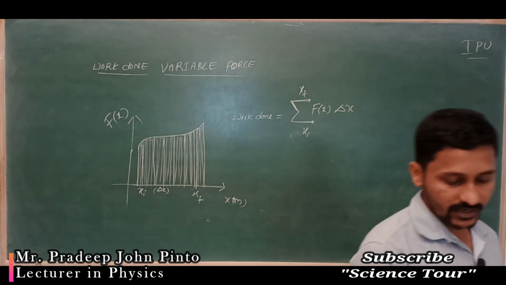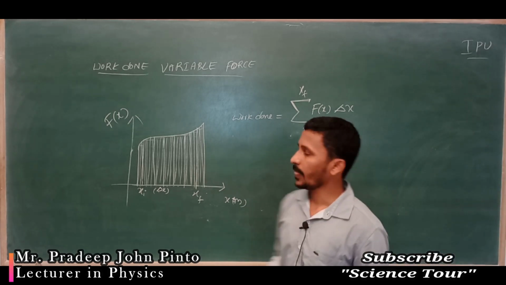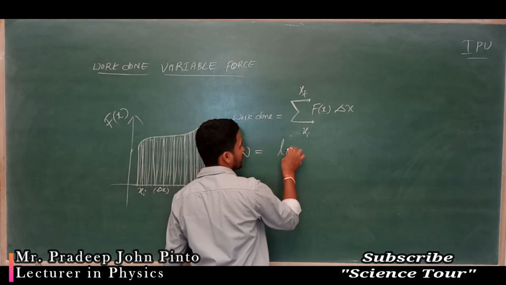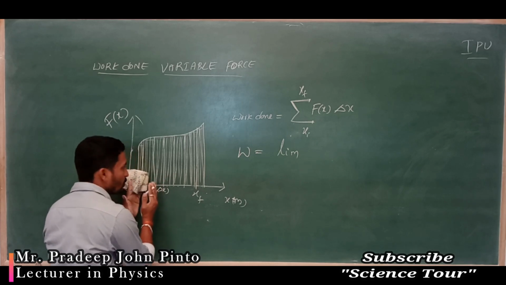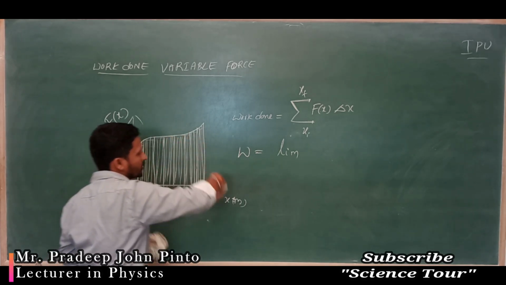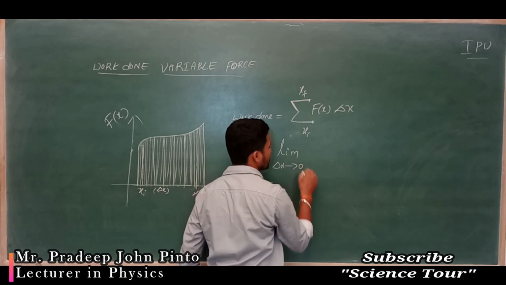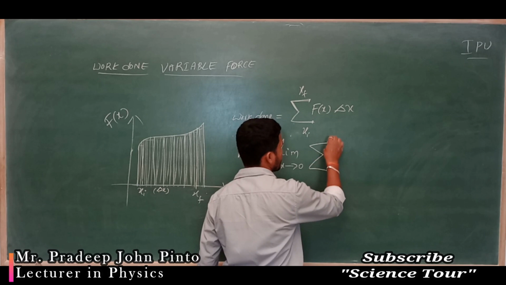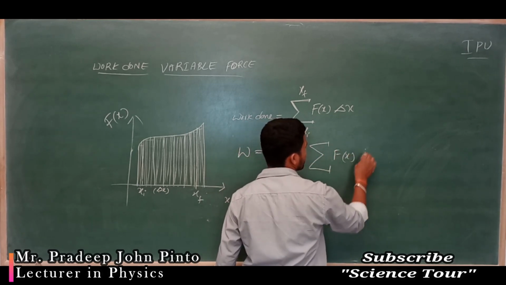By summing all the rectangles, that is the work done, which is nothing but taking the limit as delta x becomes very small, delta x tends to 0, of the sum of f of x dx.